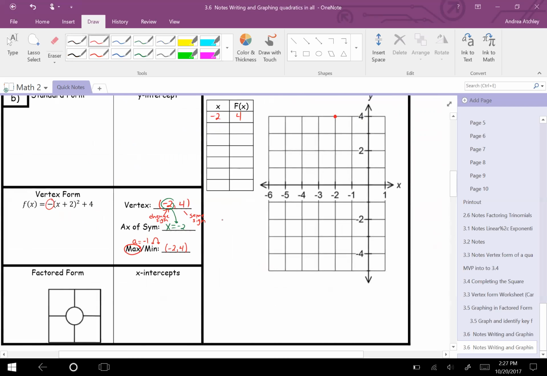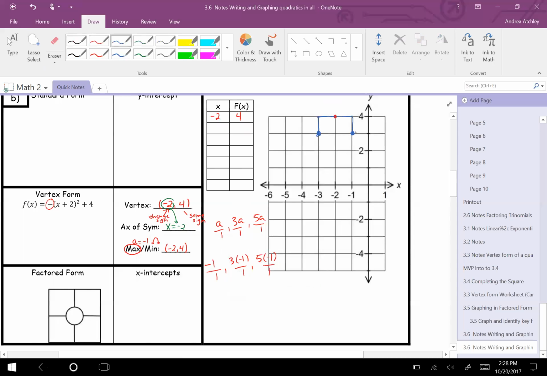So I'm going to have a over 1, then 3a over 1, then 5a over 1. So we have -1 over 1, then 3 times -1 over 1, then 5 times -1 over 1. So I'm going to go over to the left 1 and down 1. Over to the right 1 and down 1.